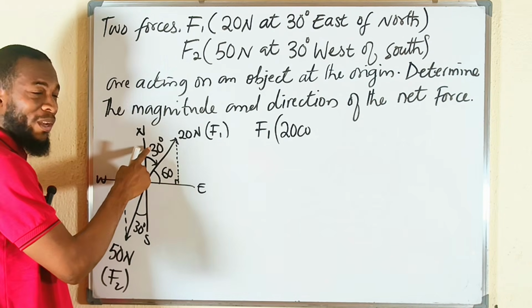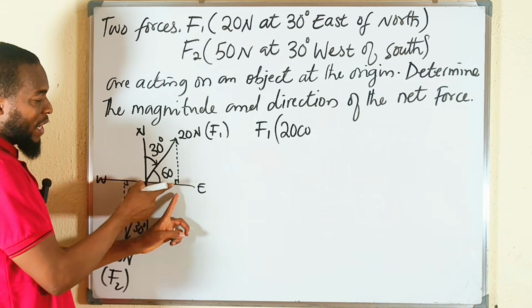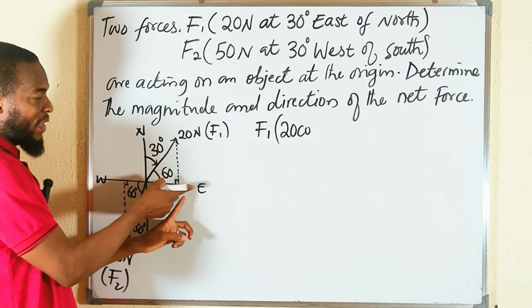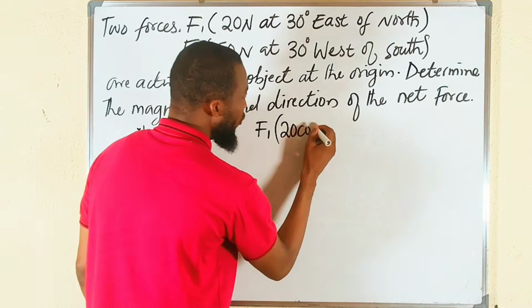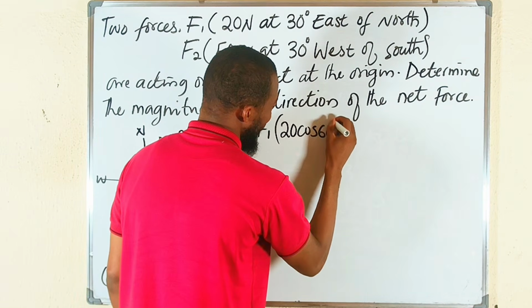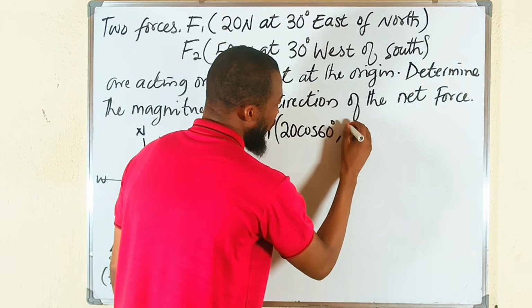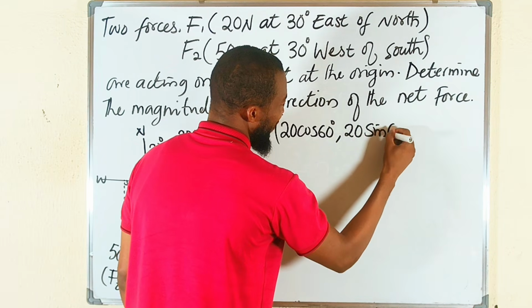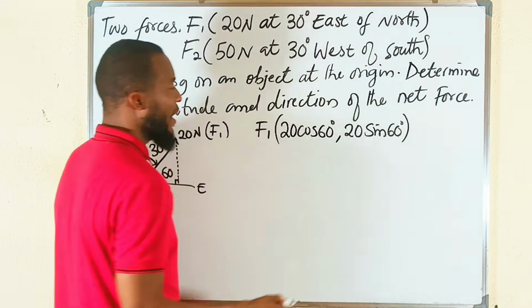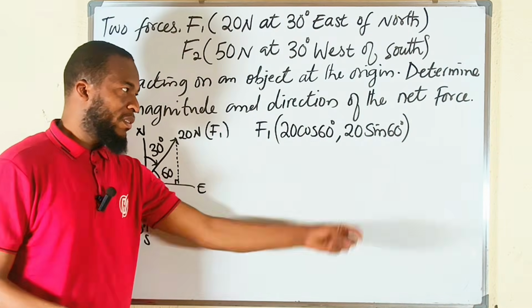Do not use this one. Okay. From east to this position is 60 degrees. So we use cosine of 60 degrees, comma, 20 newtons multiplied by sine of 60 degrees. So we have both x and y components.